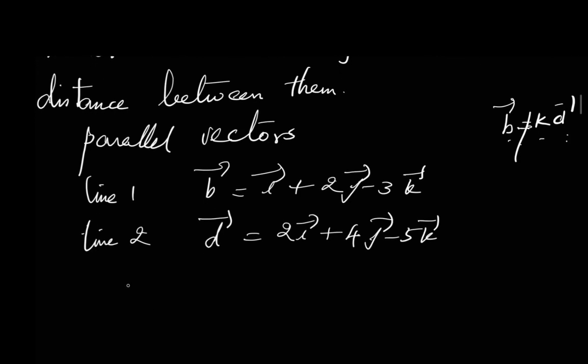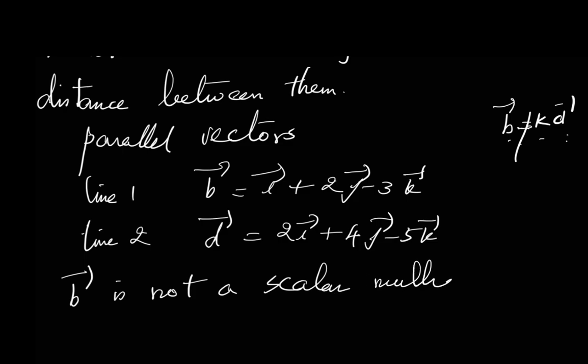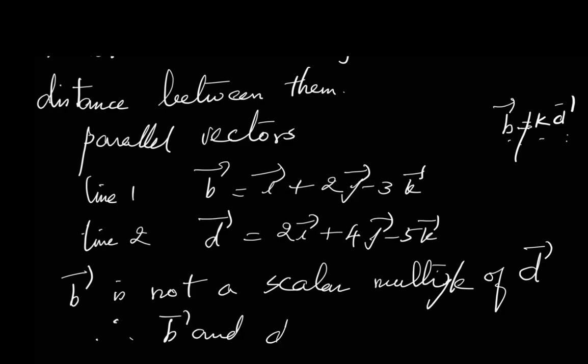Therefore, vector b is not a scalar multiple of vector d, and vectors b and d are not parallel vectors.